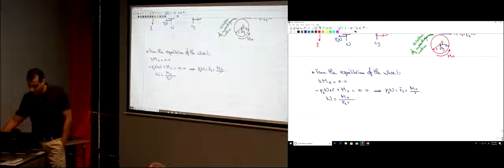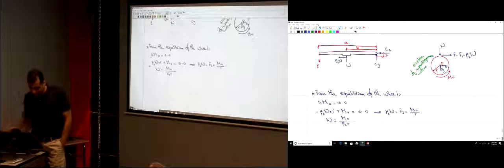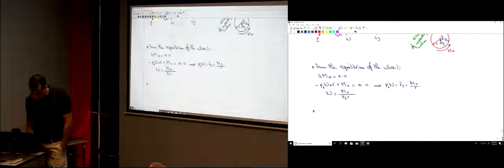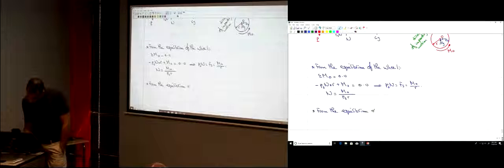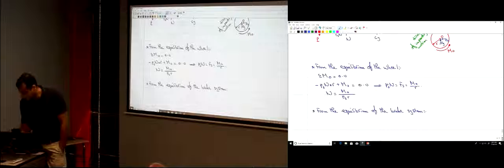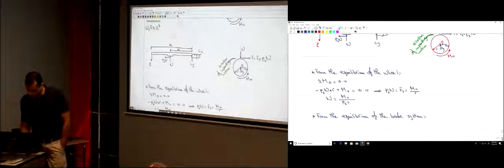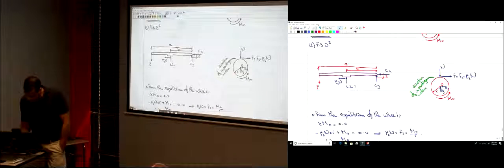So now I know how much is N. So I'm going to start writing the equilibrium of the rod then. From the equilibrium of the brake system, now I know N. N is M naught divided by mu s r.